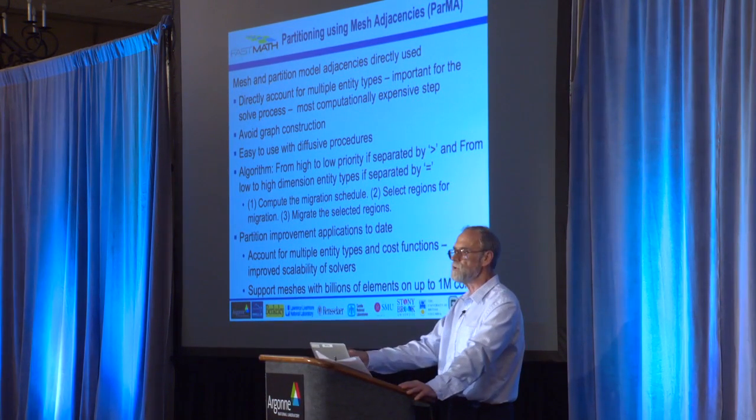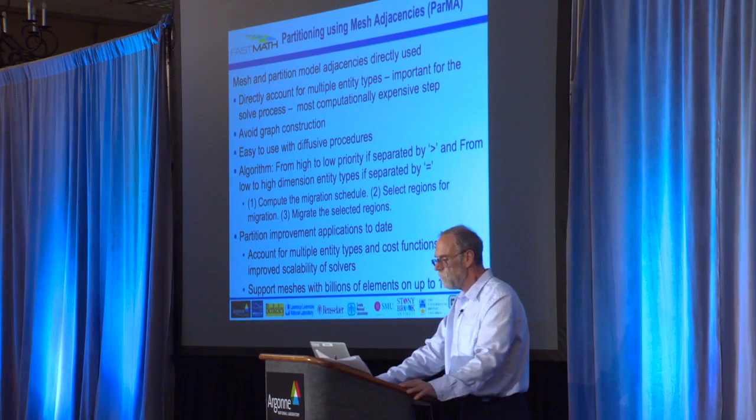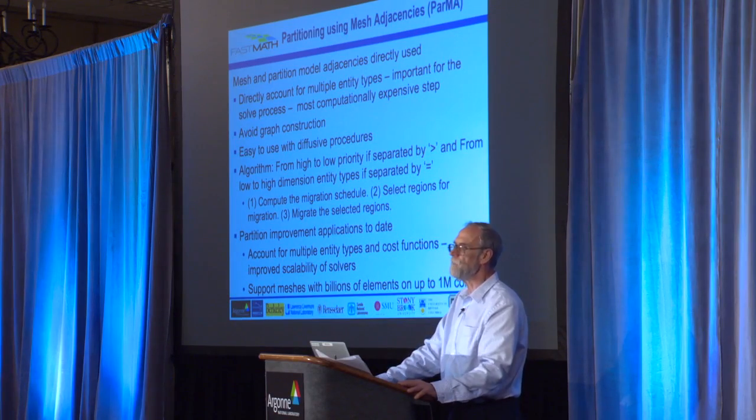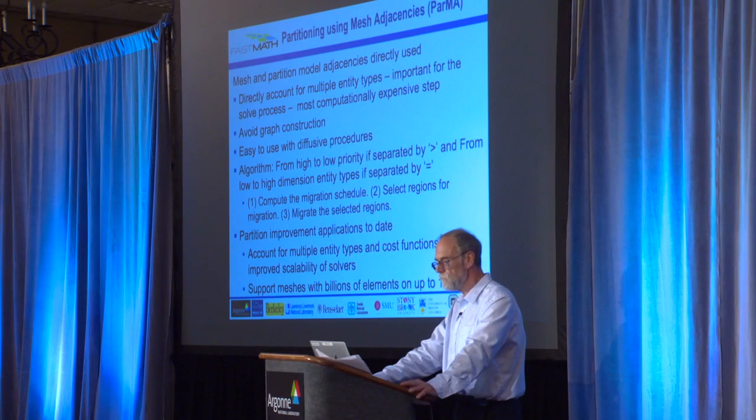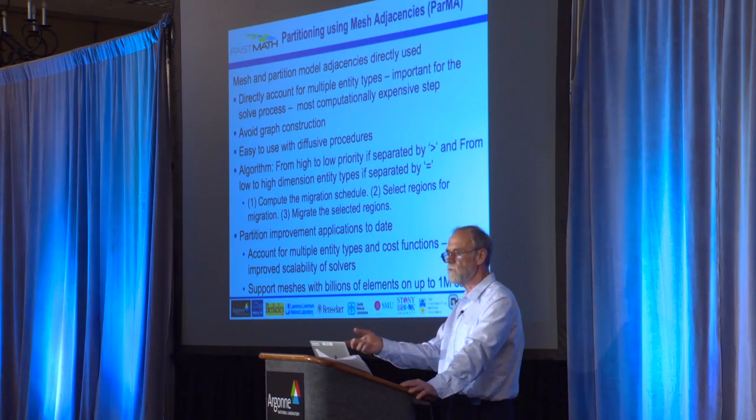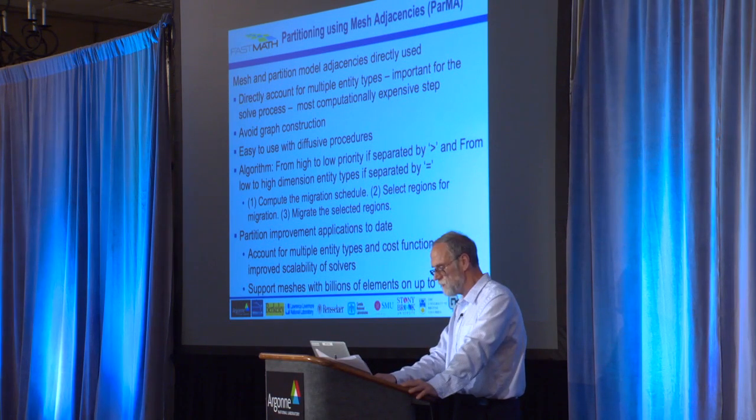So we could repartition based on the equations, but I could also account for that based on the mesh entities if I know what the degrees of freedom are associated with. So for example, in a linear finite element, degrees of freedom are associated with the mesh vertices. So I will improve the partitions by migrating around to improve the load balance of the vertices. If it's second order elements, it's vertices and mesh edges.